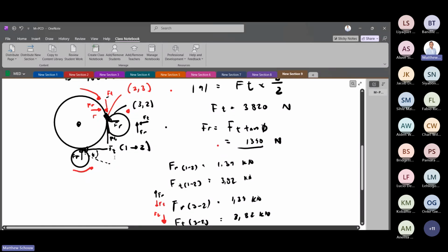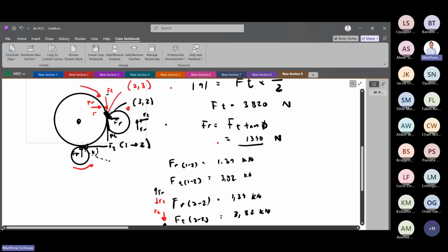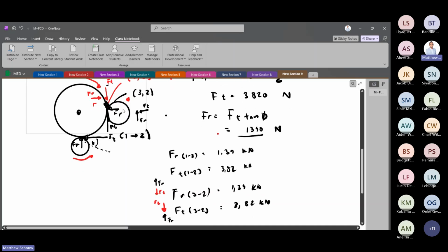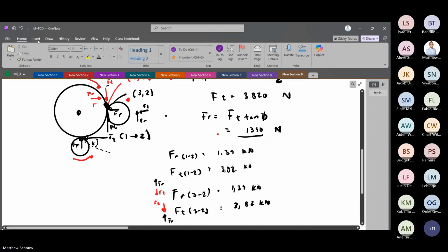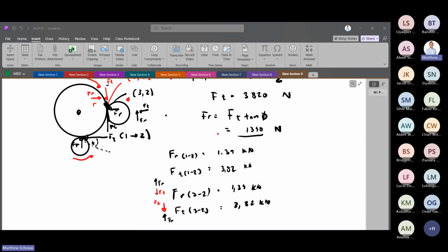And then my FR must equal my FT here. Okay, yeah, fine. Just take this away here. Okay, cool. Just want to make sure all my stuff is right here.